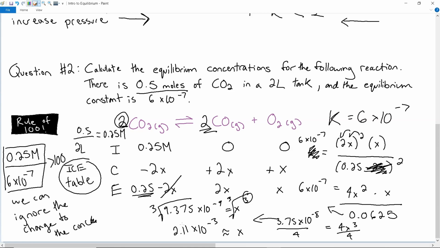So we have our x value. And so to get our equilibrium concentrations, all we would need to do is take this value and plug it in to here. So the rule of 100 is very useful to make your equilibrium equation a lot simpler.